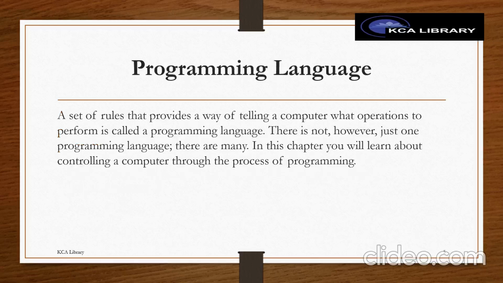So what are those programming languages? There are different programming languages, for example, Java, Python, COBOL. There are very many. So basically, a programming language is a set of rules that provide a way of telling a computer what operations to perform.